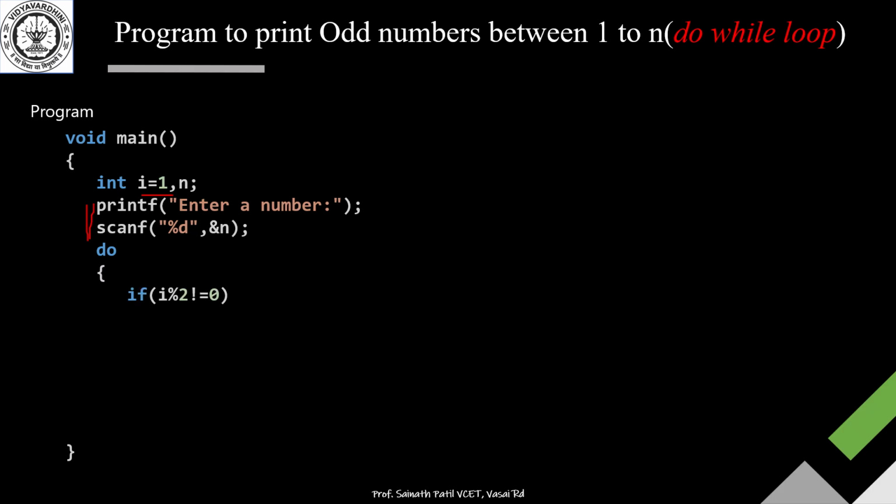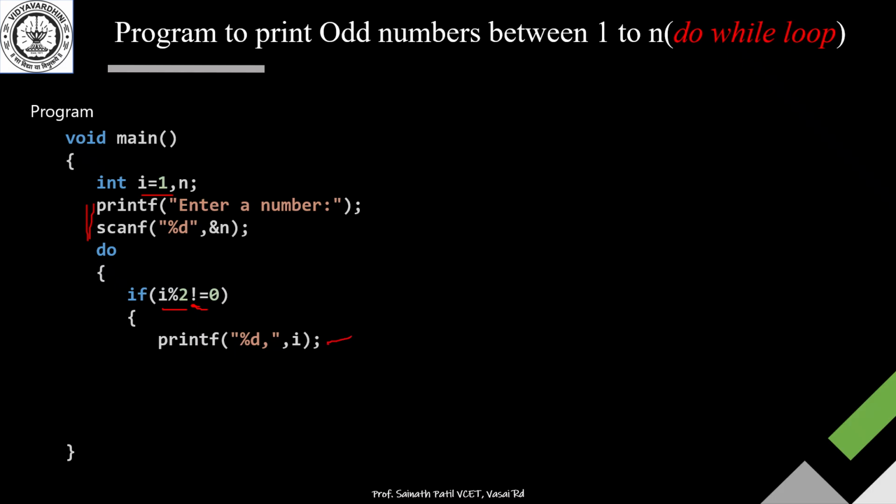Using do while, the keyword do is there, then an open curly bracket. Within this, we check if i percent 2, that means i mod 2, which finds the remainder when i is divided by 2. If the remainder is not equal to 0, using the not equal to sign, that means the number is odd. So it will print that number with printf percent d, i.